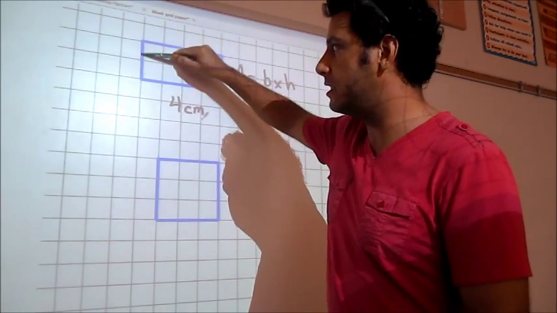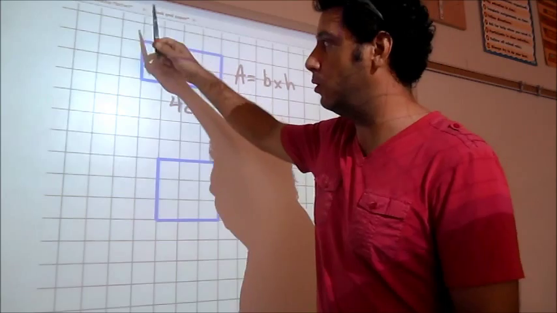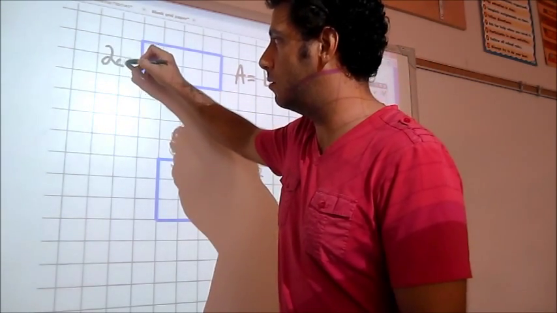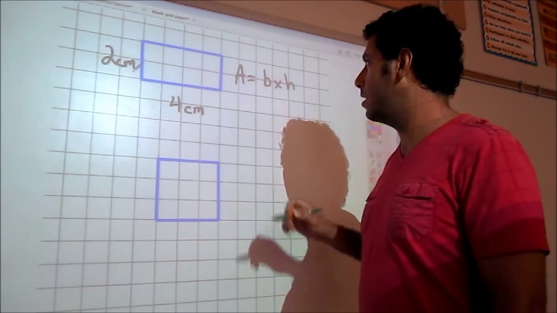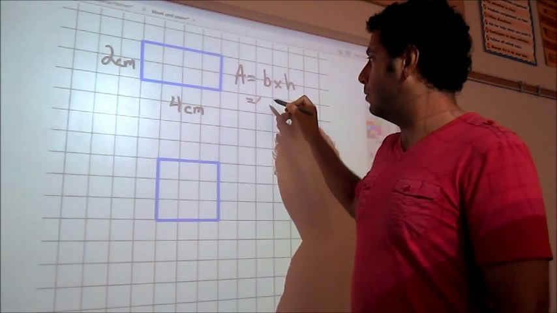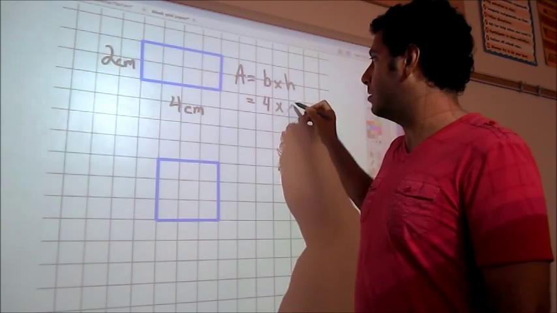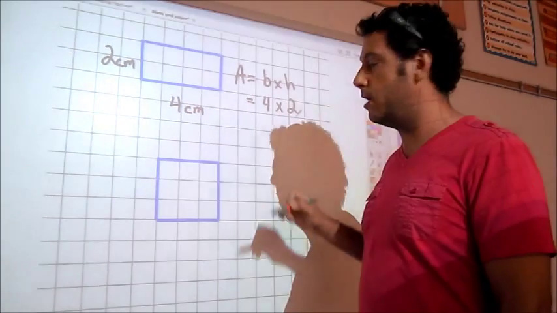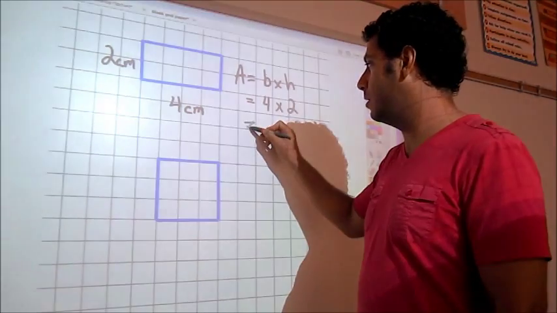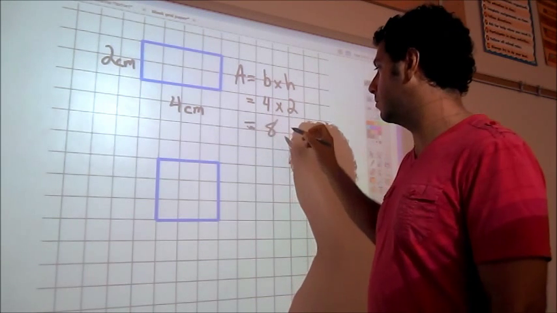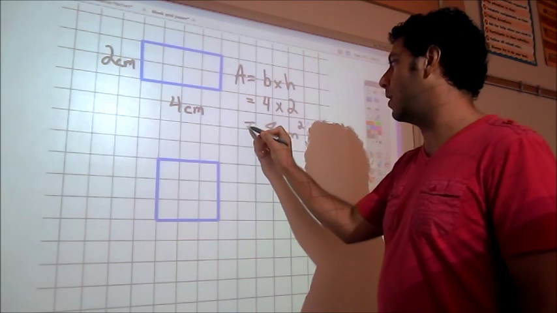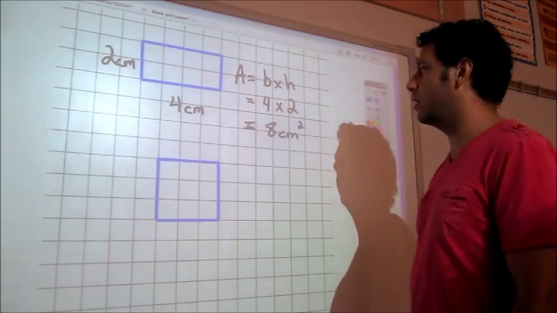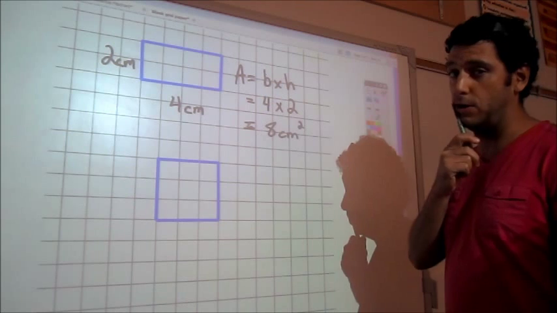And we have a height of 2. Okay? And we'll call those centimeters as well. What we would do is take 4, which is the base, and 2, which is the height, and multiply them together to get 8. Okay? And we would say 8 centimeters squared. All right? Or 8 square centimeters.